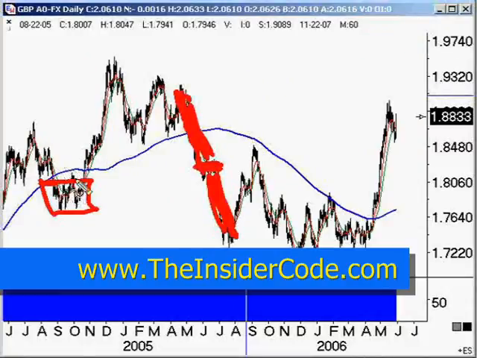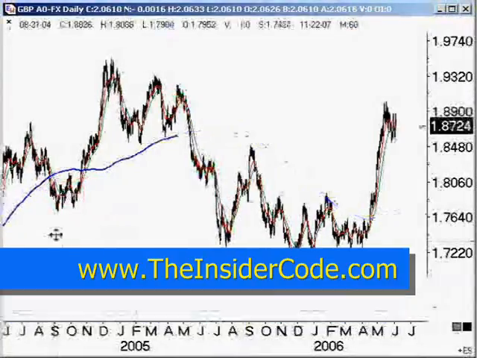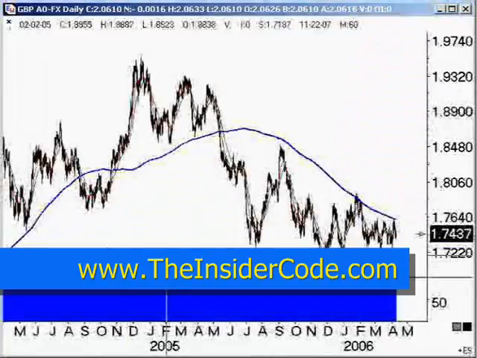Also, when the market is just mucking around and going sideways, when it isn't really going anywhere, before you have a large move, you'll get the moving averages weaving together. Let me give you an example. I didn't show this in the live session because I didn't zoom out this much, but I think it's a very good example.